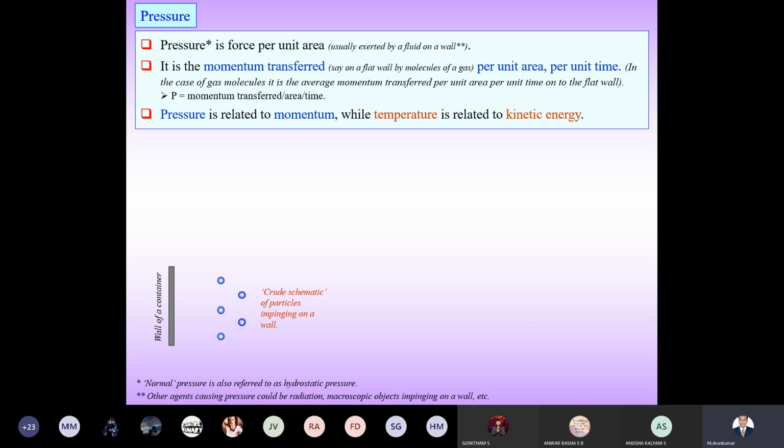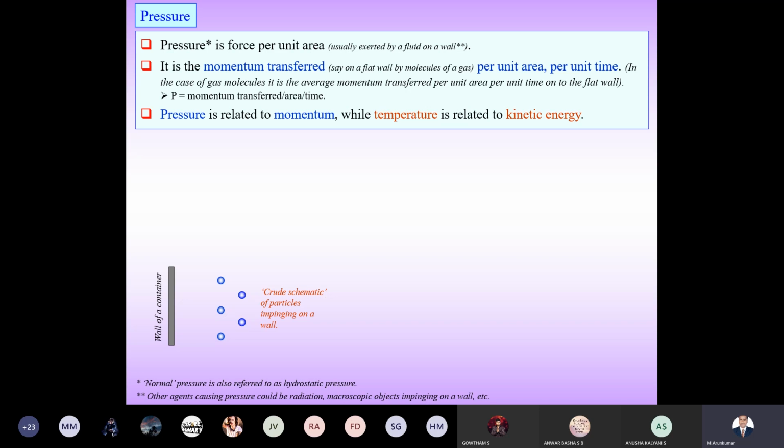This is the graphical representation. This is the wall of the container. These are the molecules. So this is a crude schematic of particles impinging on a wall. These molecules will try to impinge on the wall, and because of this we get the pressure. Once again, I am repeating the graphical representation.